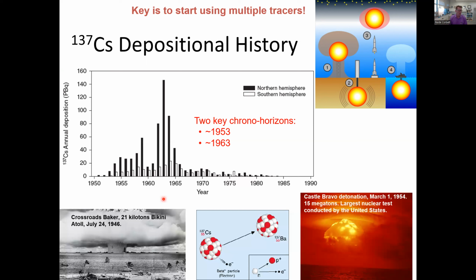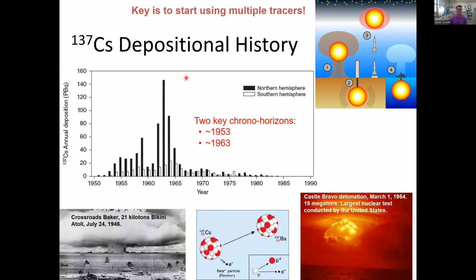Plutonium-239, 240 can also be used, almost identical, although the application and the laboratory techniques for using plutonium-239, 240 are a little bit more time intensive and difficult, but can be measured through alpha spectrometry like I've shown you for lead-210.